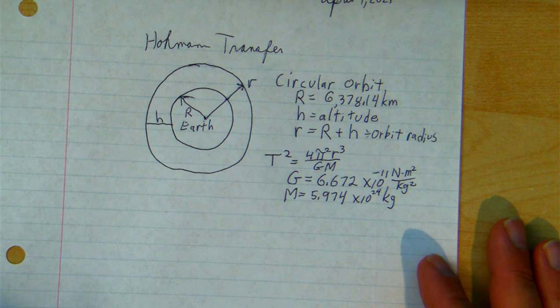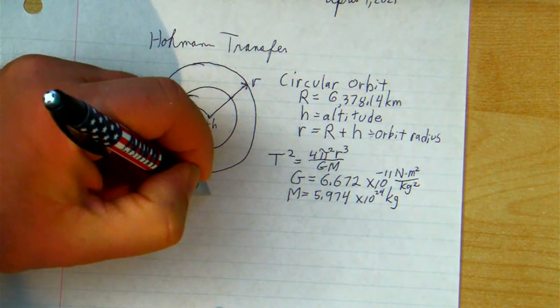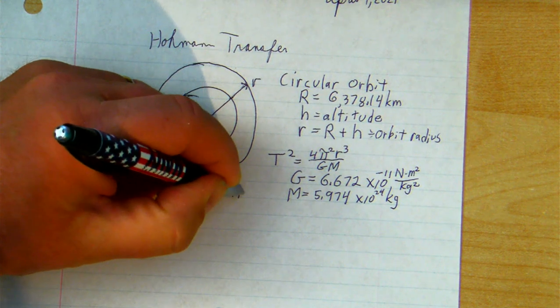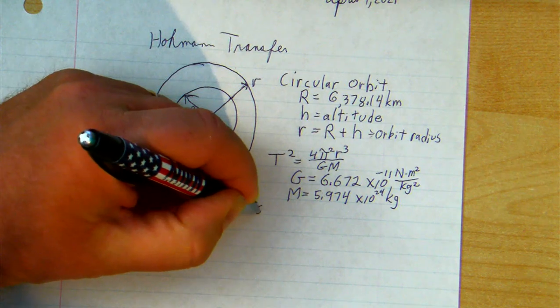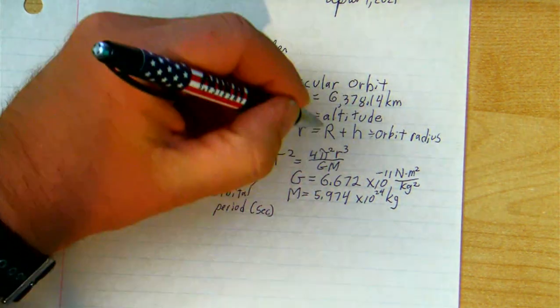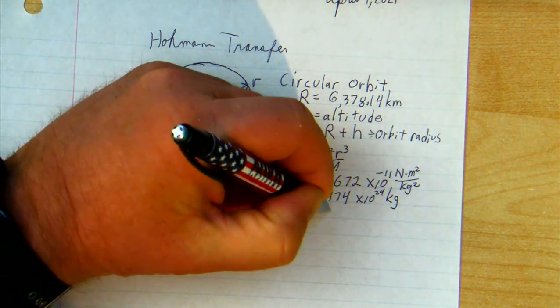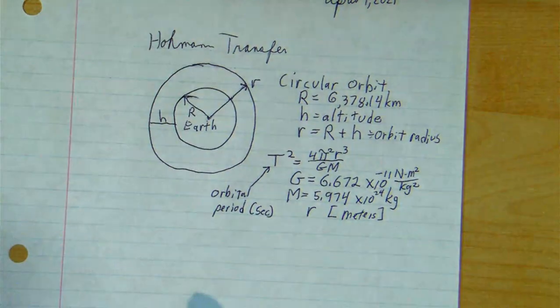Something to watch out for. Of course, the orbital period has to be expressed in units of seconds, and the orbit radius in units of meters. Otherwise, things go kablooey.